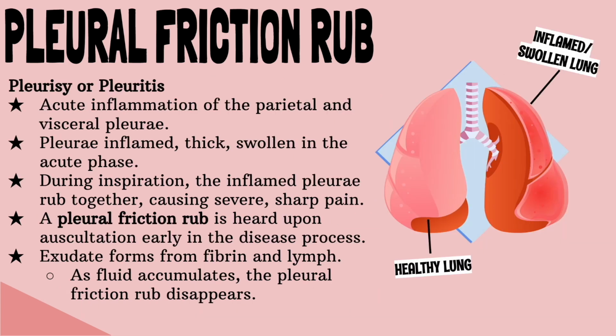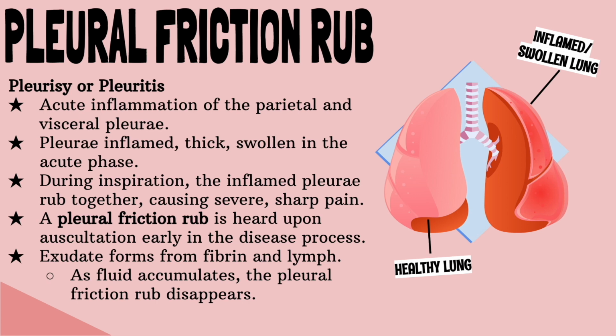Now let's go over a few circumstances in which a patient would experience pleural friction rub, starting with pleurisy. Pleurisy, also known as pleuritis, is when the parietal and visceral layers of the lung become inflamed and swollen. And as we just stated in the last slide, pleural friction rub is caused by inflammation of the lungs or a loss of lubrication.